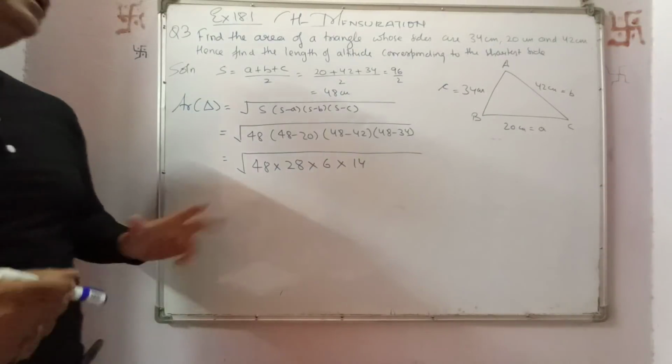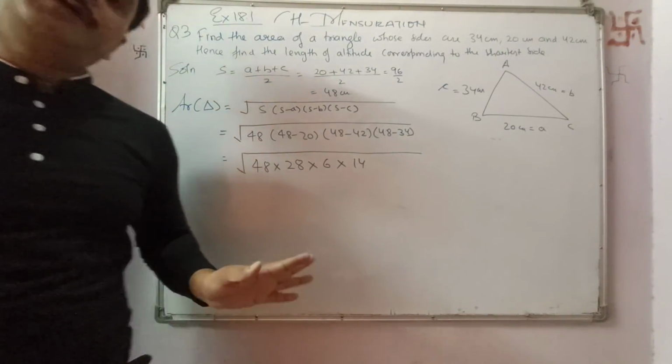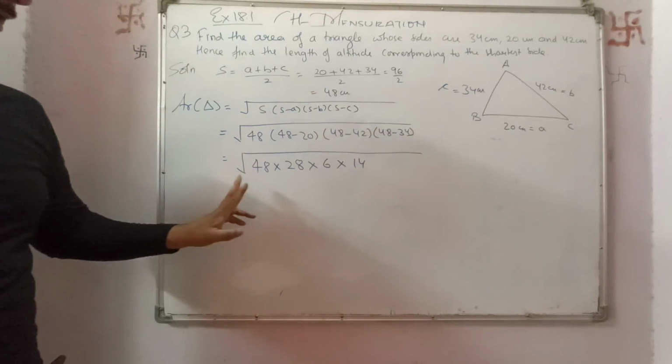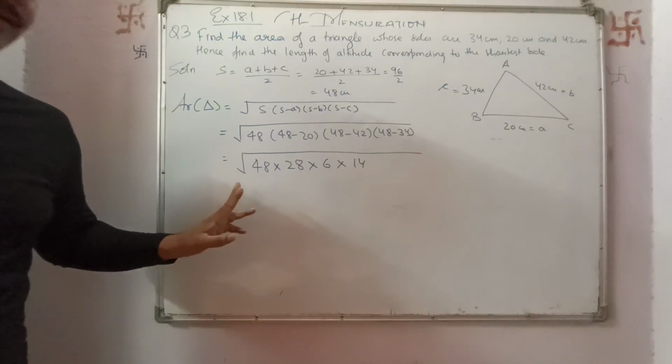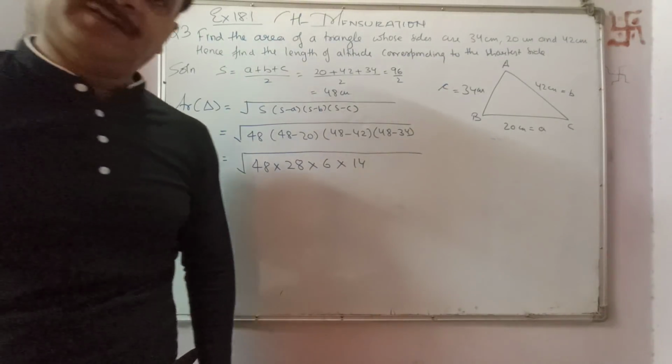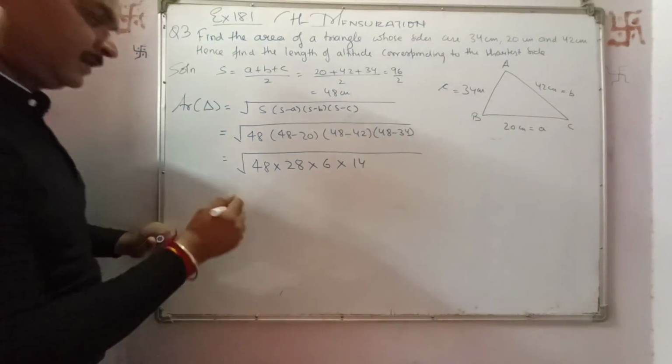To find the square root of these numbers, we are not supposed to multiply these numbers. What we will do is take out the prime factors of each number and then find the pairs of similar prime factors and we can easily find the square. That will be much better.